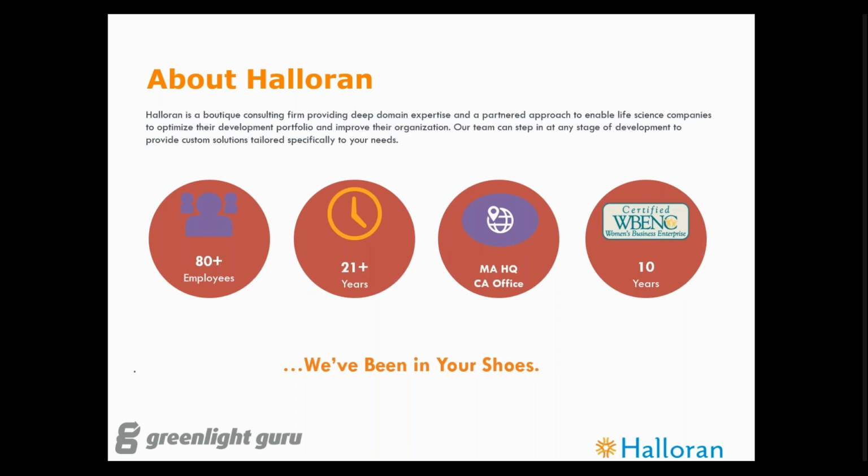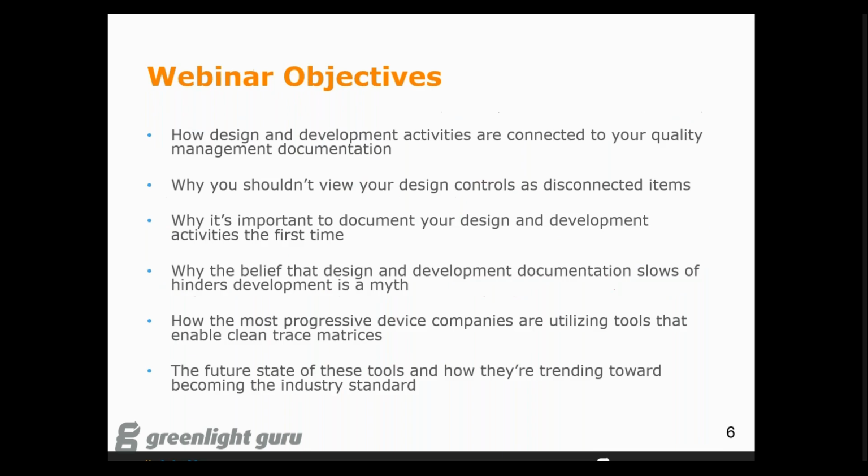So getting on to today's topic, in the announcement and the sign up, we identified these objectives. Now, so what is all this about? What are we talking about? This whole presentation came from a conversation Nick and I had a couple of weeks ago. We were talking about quality management systems, design controls specifically.